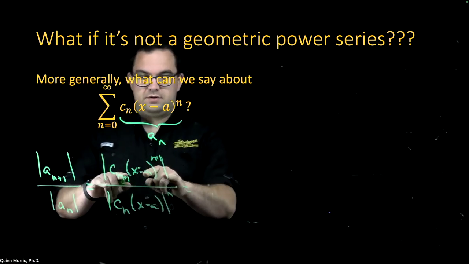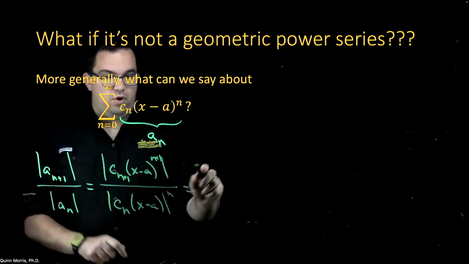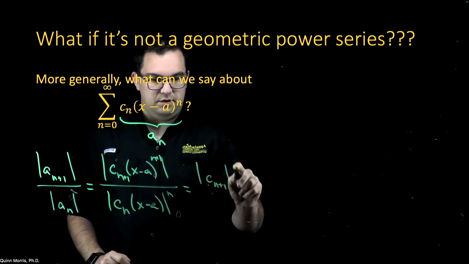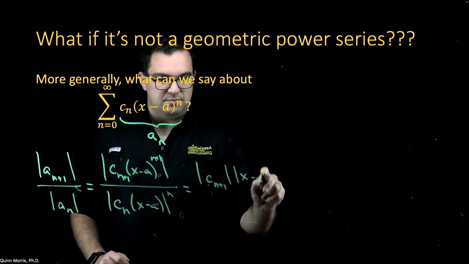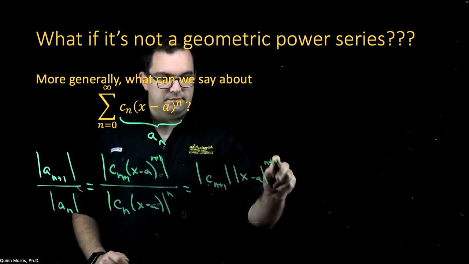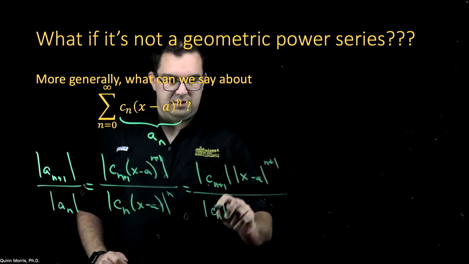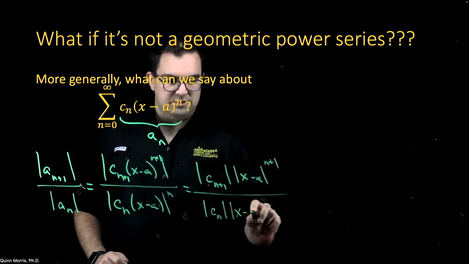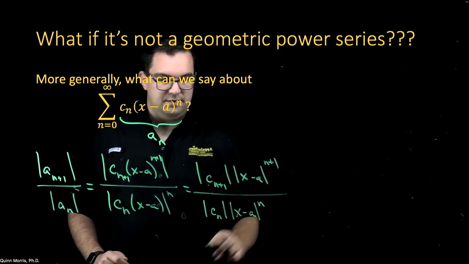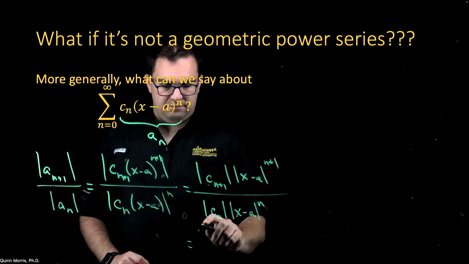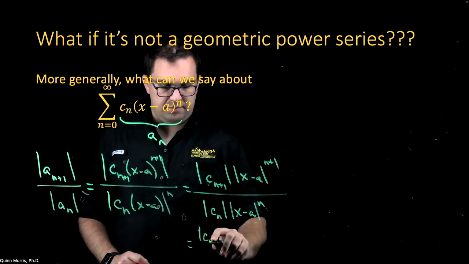Now, I have the absolute value of a product, so I can rewrite this. This is the absolute value of Cn+1 times the absolute value of (x - a)^(n+1), divided by the absolute value of Cn times the absolute value of (x - a)^n. Now, these first two terms, not knowing anything else about them, there's not much I can do.